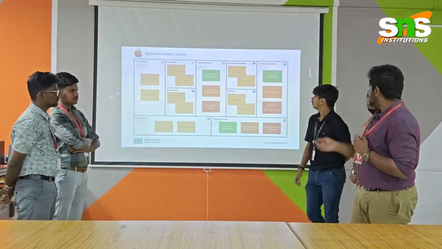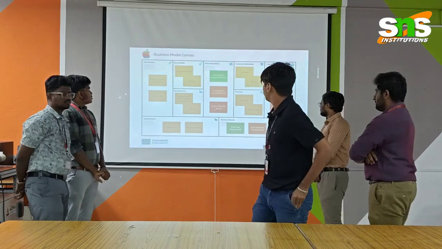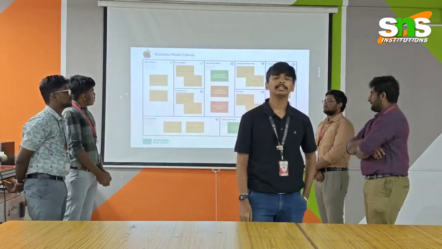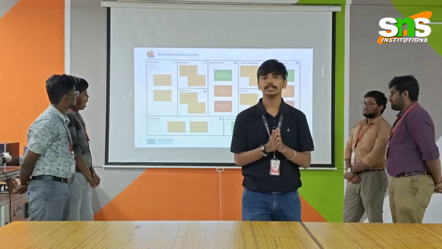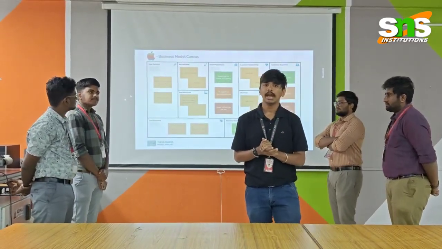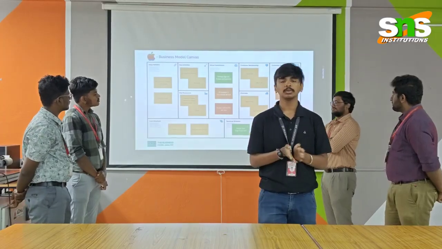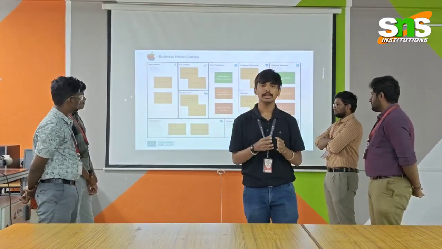Coming to the key activities. Major activities like new product development. Apple has developed products like laptops, watches and phones, and many items like earbuds. The main activity is to design the products and R&D, like developing a new one.